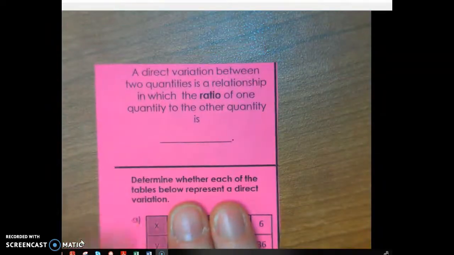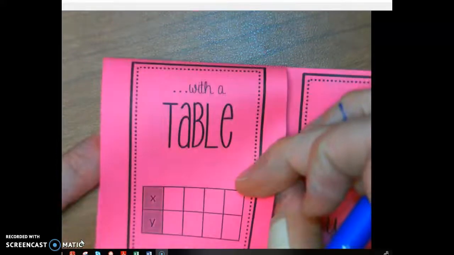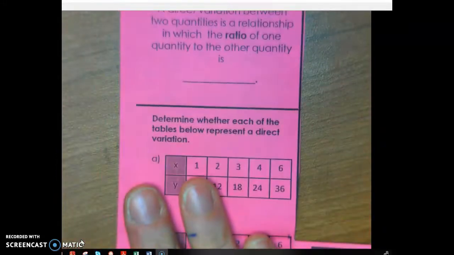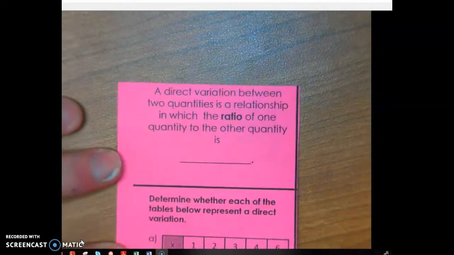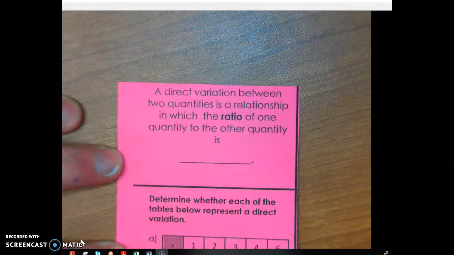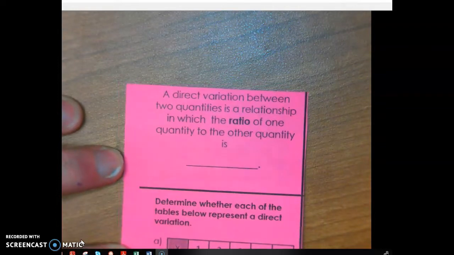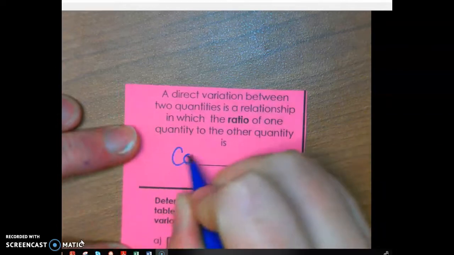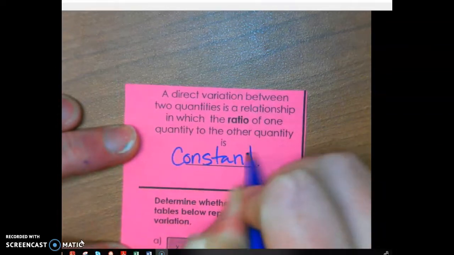Up here on the table section, we're going to look at direct variation. A direct variation between two quantities is a relationship in which the ratio of one quantity to the other is constant.